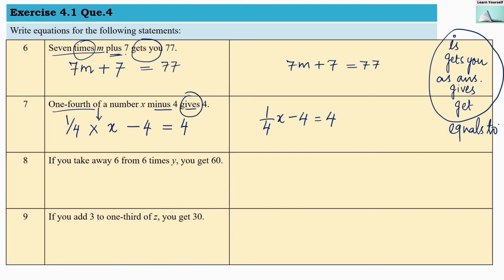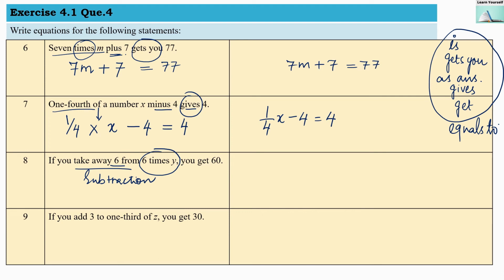Eighth sentence. If you take away 6. Take away means subtraction. Taking away, subtracting, writing minus, all suggest subtraction. If you take away 6 from 6 times y, so we are taking 6 from 6 times y.